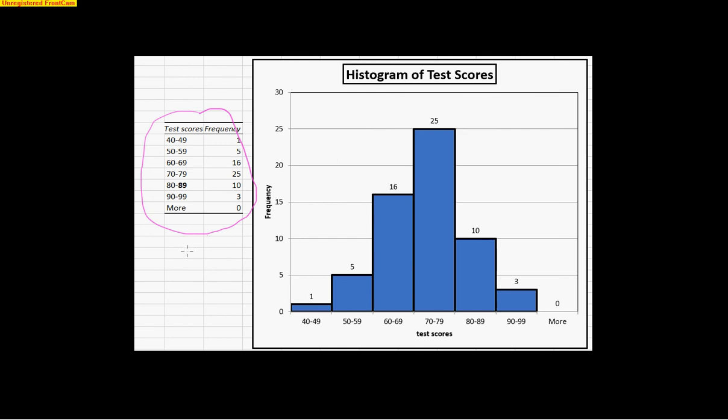It looks like what we did, just a lot neater. And then again, we can start asking ourselves those questions. Do we see maybe a slight skew to the left, or do we feel that this is more symmetrically spread? Kind of hard to tell.